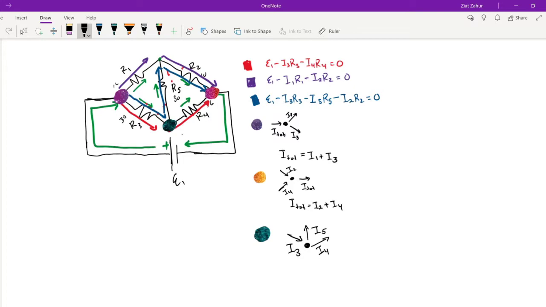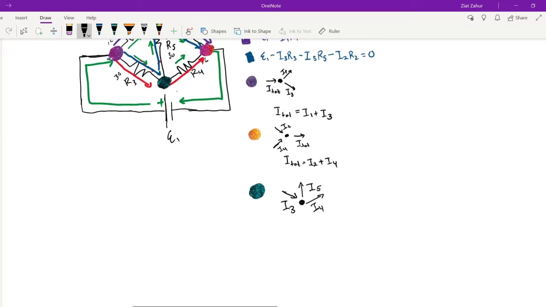Okay, so I4 going upwards to the right, I5 going upwards, and I3 going in. So this means that I3 must equal I5 plus I4.